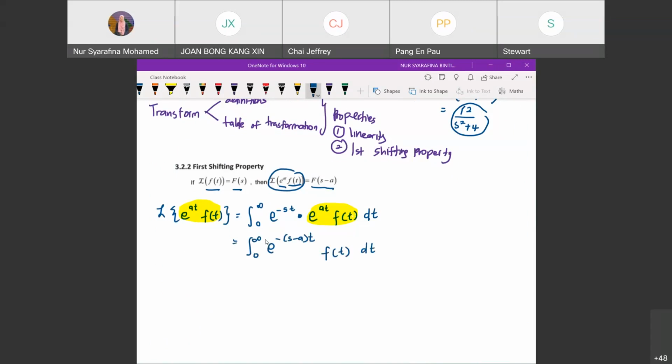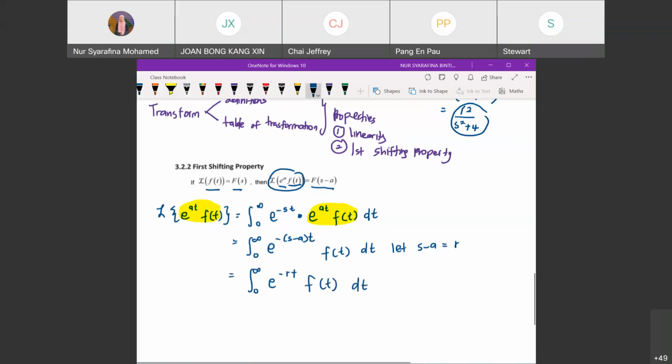Right, so let's do some assumption to simplify the function. Let s minus a here become r. So we have here exponent minus rt times with f(t) dt.